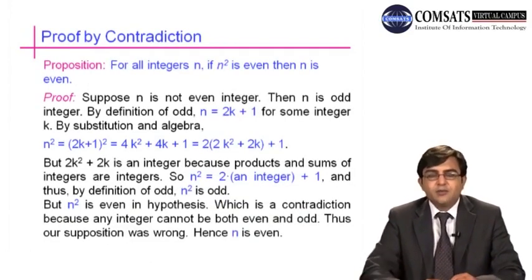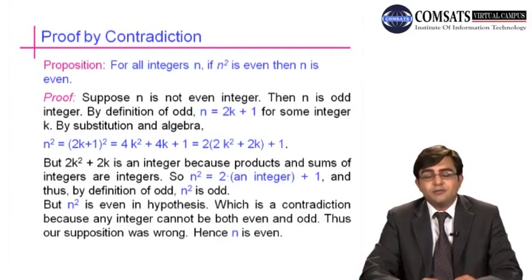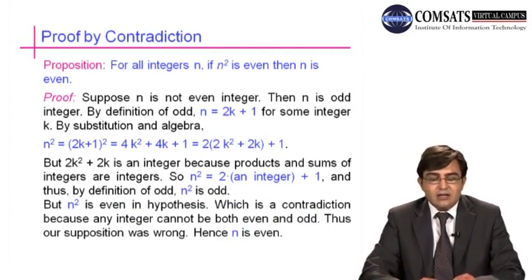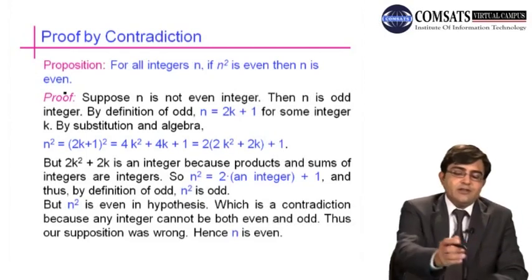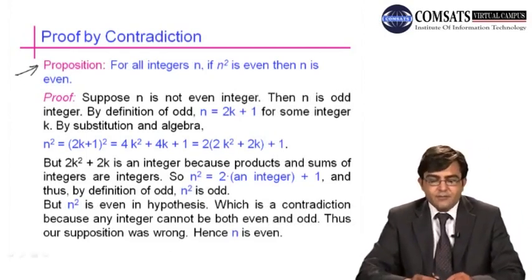Again, if we prove the same proposition which we have proved by using the method of contrapositive, now by using the method of contradiction, then you will get an idea what is the relationship between these two methods.